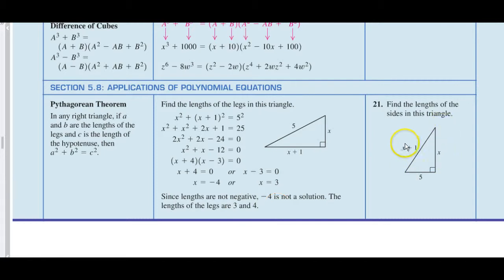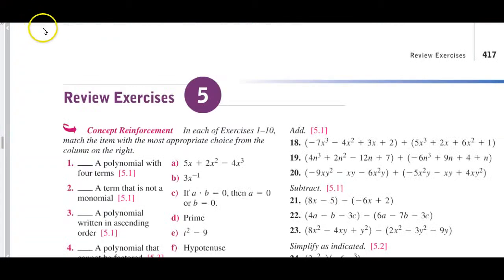This would be a 3, this would be a 4, this would be a 5. I think we did one very similar to that in our lesson. Okay, I don't know if they have anything else. Now they do have some review exercises too, but your homework log of all the practices you've done I think should be adequate. You don't have to do anything else. Okay, we'll wrap this up.